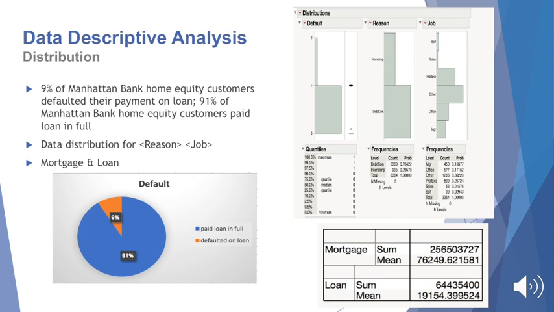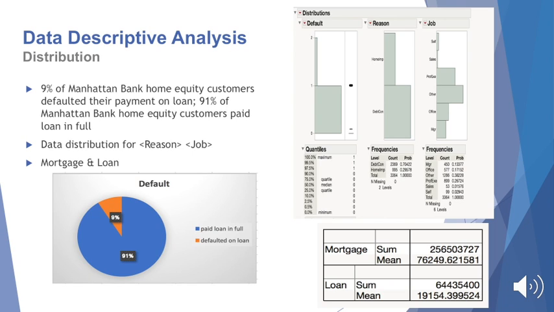And here is our descriptive data analysis. First, we did a distribution for reason and job, and we did a pie chart for default. From the pie chart, you can see that the bank's default rate is about 9%, which means about 9% of their customers defaulted on their loan payment.